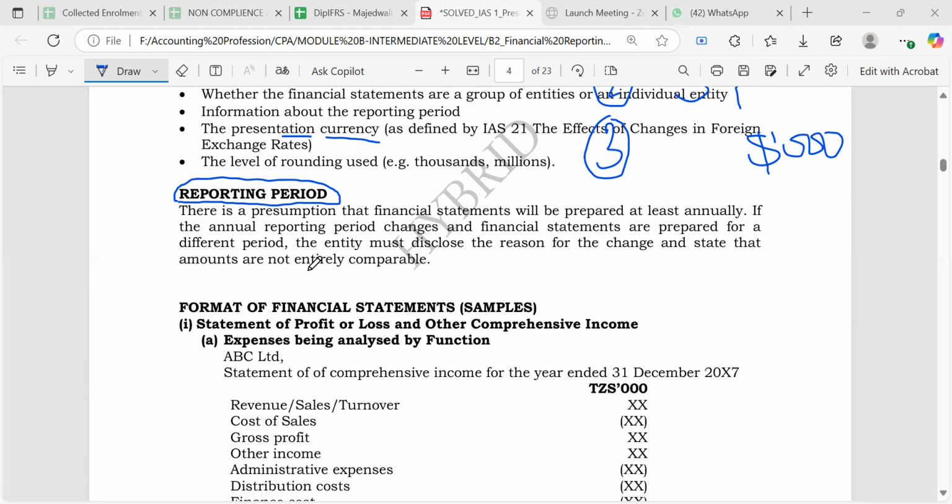We are told that the entity must disclose the reasons for the change and state that the amounts are not entirely comparable. You could say in the notes that the current year would be very different from the previous one, because the seasons also matter. There would be a mismatch of seasons, and so comparability wouldn't be very fine.